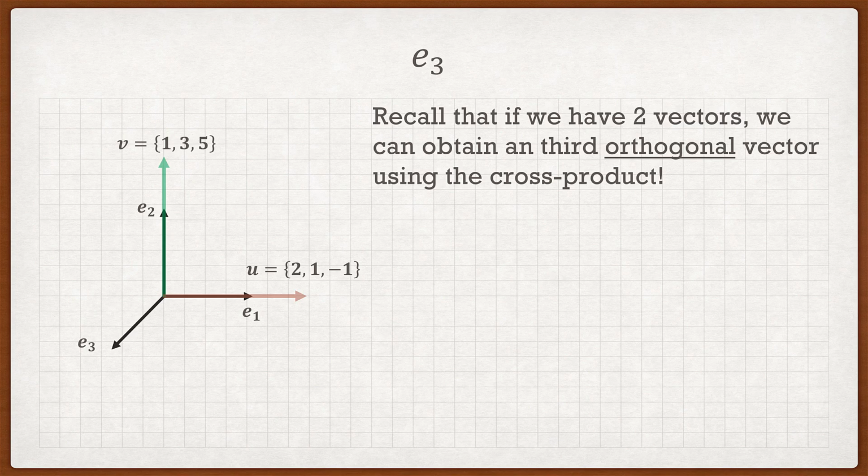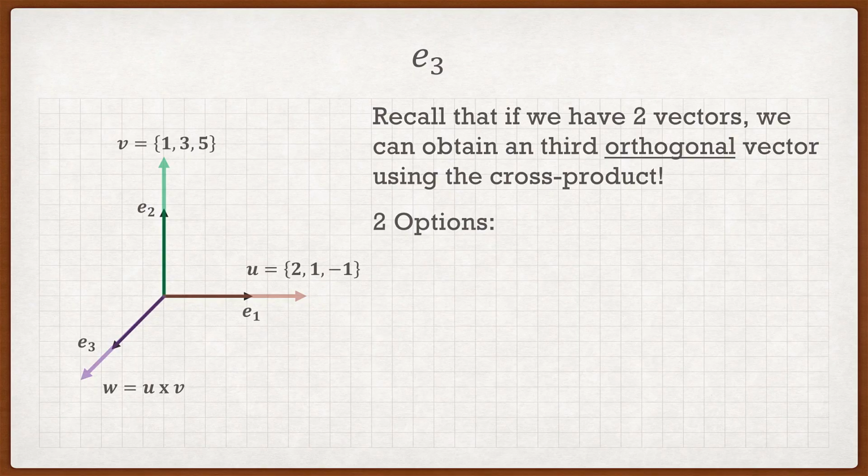And recall that if we have two vectors, we can attain a third orthogonal vector, which is the same as perpendicular, using the cross product. So if we cross u and v, we're actually given a vector that's perpendicular to u and v, and we'll call this vector w. And this w, since it's perpendicular to u and v, and in turn e1 and e2, will have the same direction as e3, which is exactly what we're wanting.